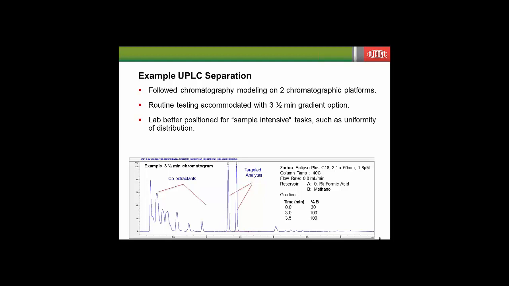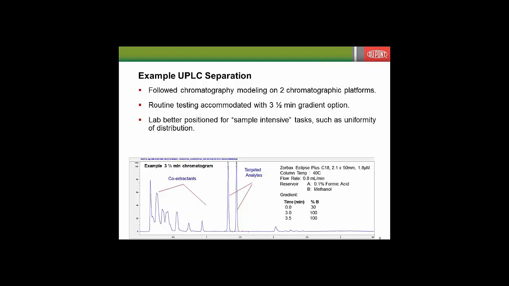This separation here was nice in that it was a very rapid separation with a runtime of 3.5 minutes, really giving the chromatograph plenty of time to allow anything else that might be coming off later to elute.